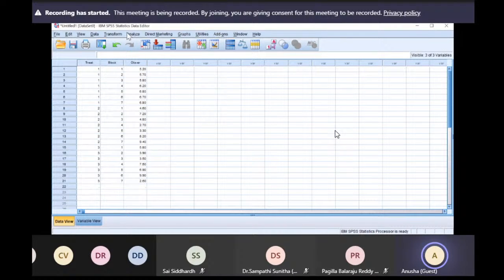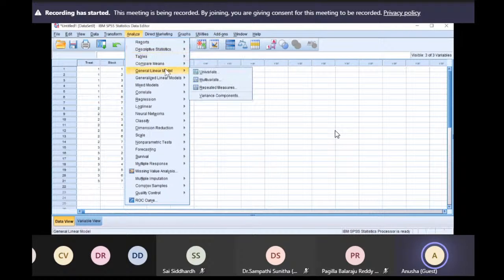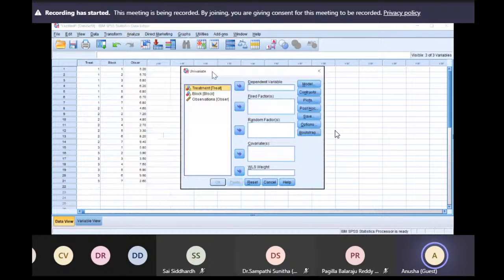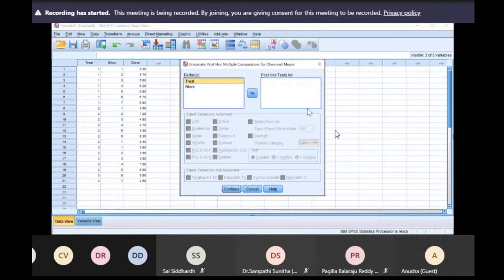Now you go to Analyze. Treatment is a fixed effect, block also a fixed effect. The observations you send to the dependent list, and post hoc test. Okay, continue.